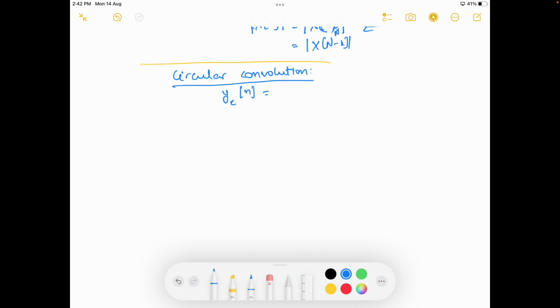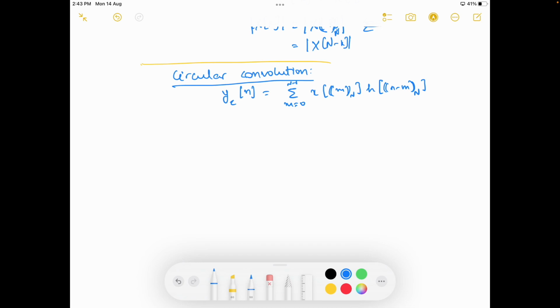I'm calling it YC because it's circular convolution, equal to summation m equal to 0 to N minus 1 x of m and h of n minus m modulo N. Same as the linear convolution, but just that you now have modulo operations there, right?